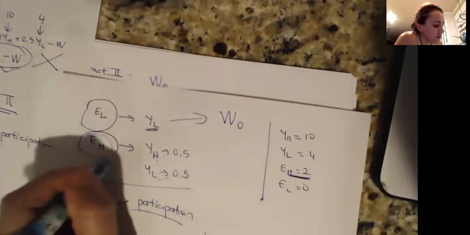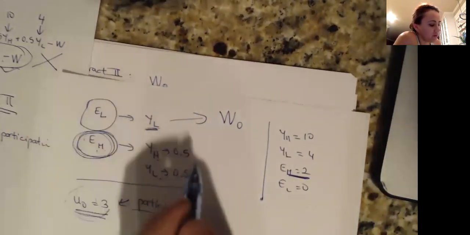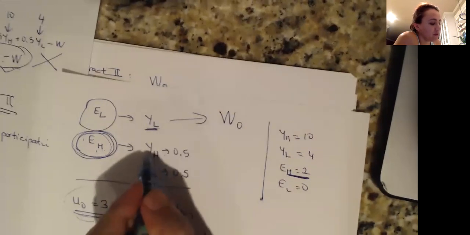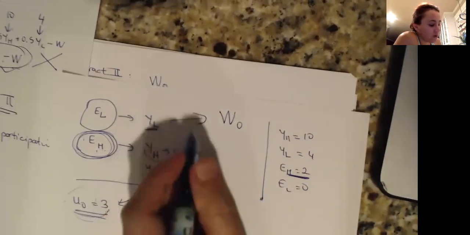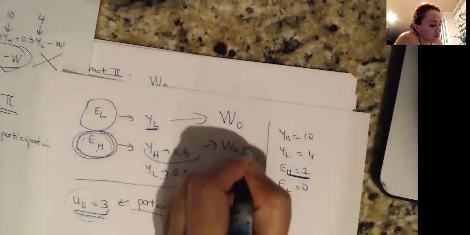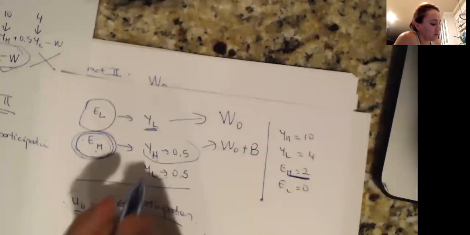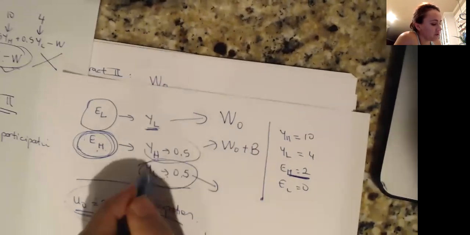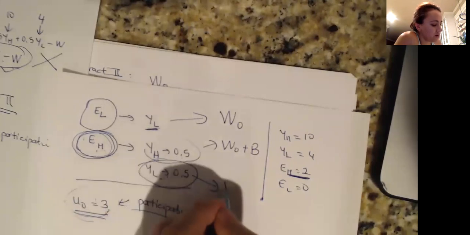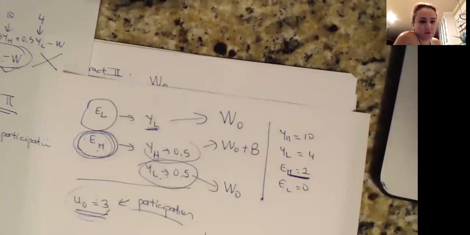If you are a high effort person, with 50% probability, the output is going to be YH, so you will be paid W0 plus bonus. With 50% probability, output is going to be YL, and you will be paid only W0.